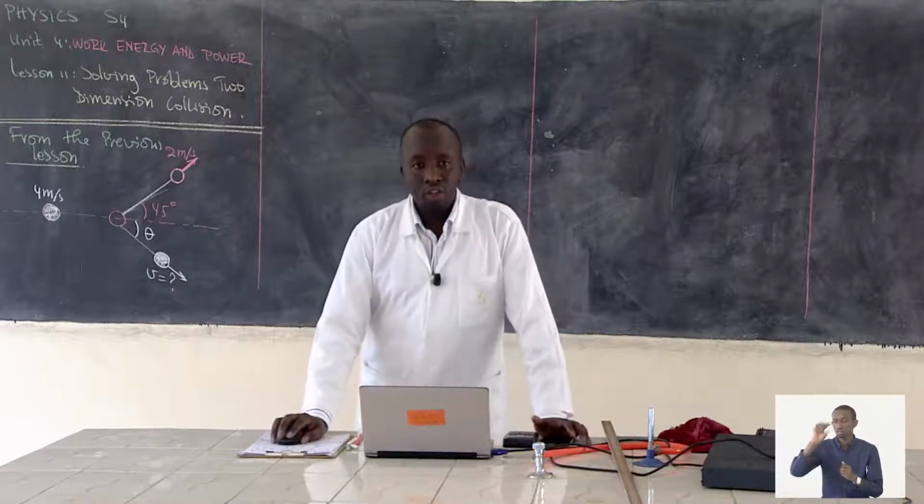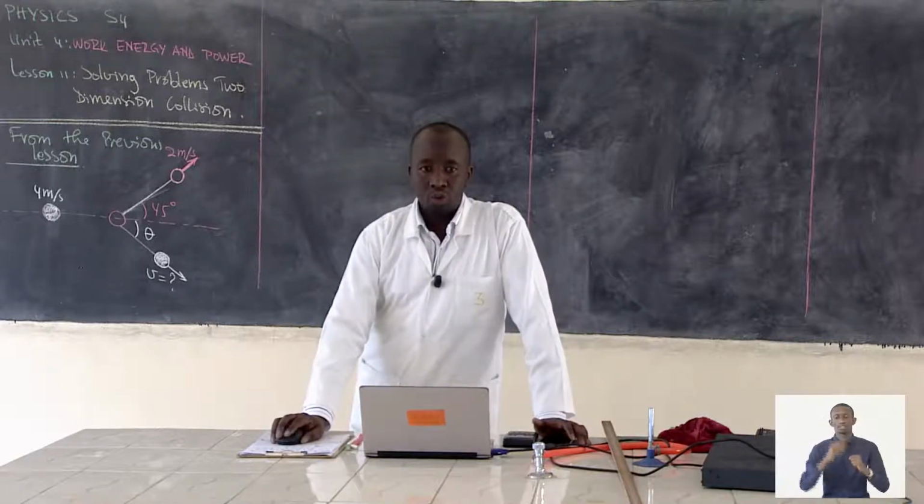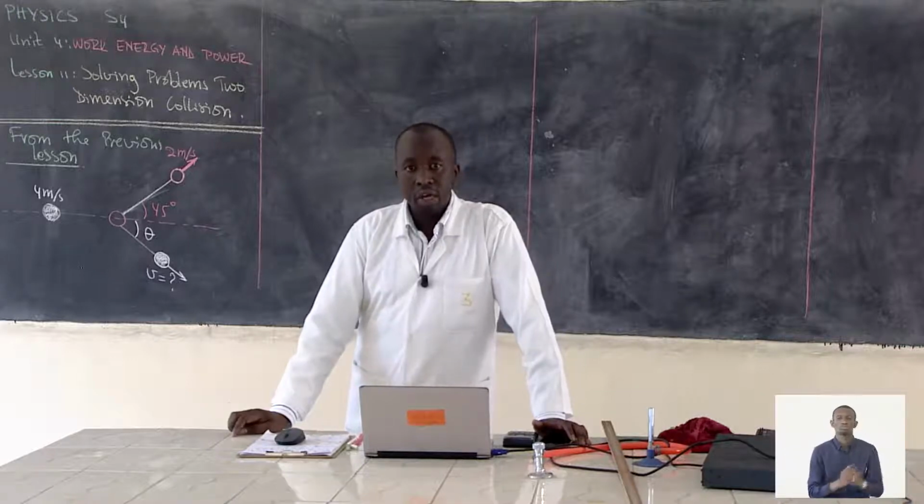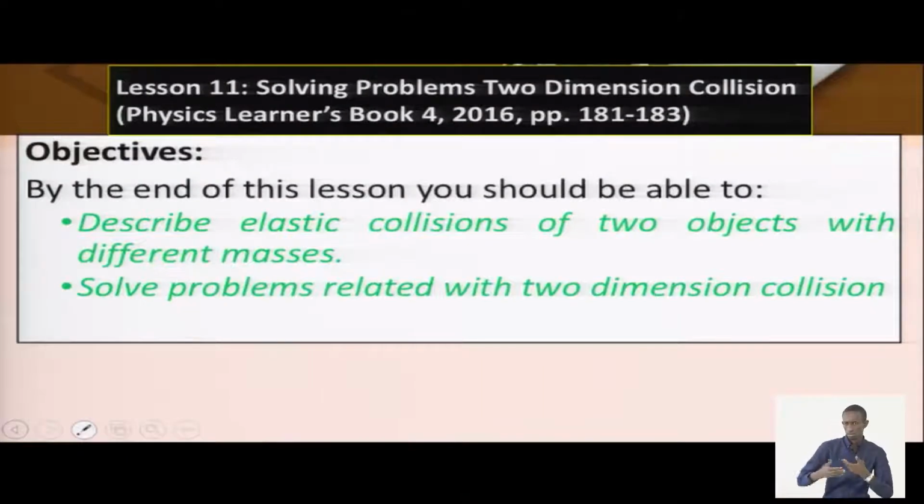And at the end of this lesson, I want you to be able to describe elastic collisions of two objects with different masses. We have a mass 1 and a mass 2. The last time we discussed the same mass, but again, we are going to do the problem that we left in the last lesson, and we do it right now.